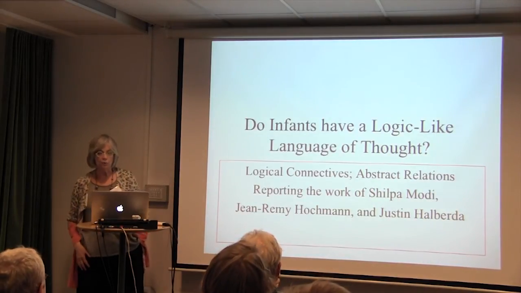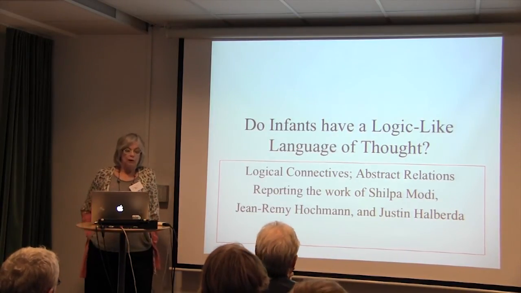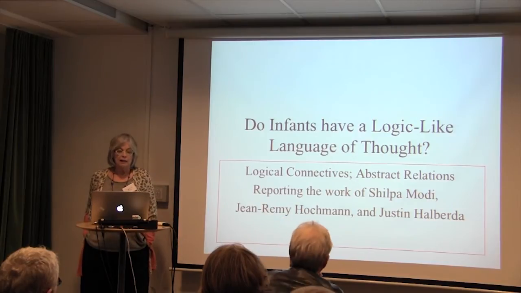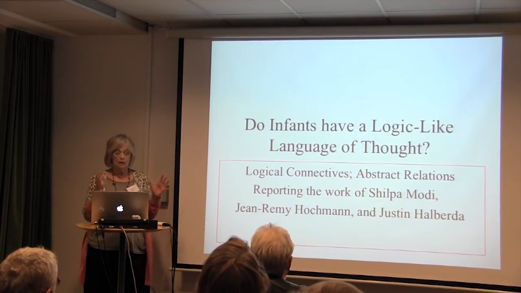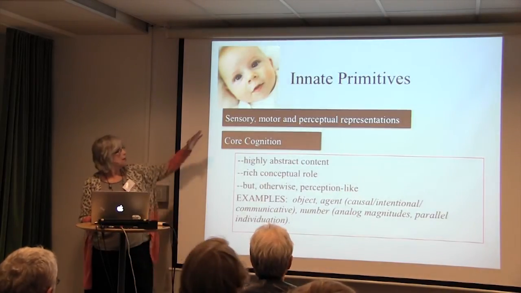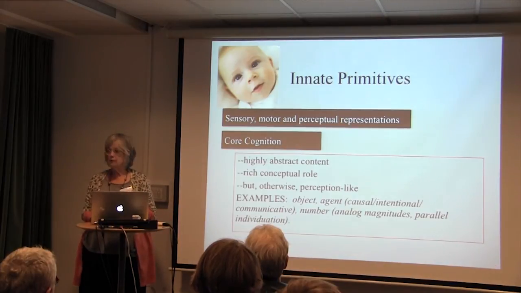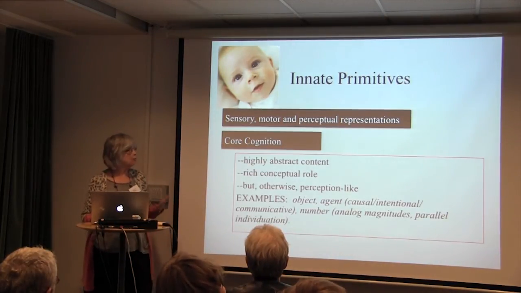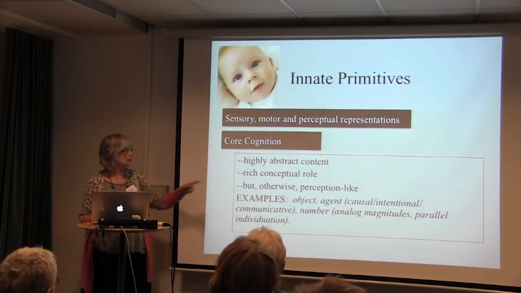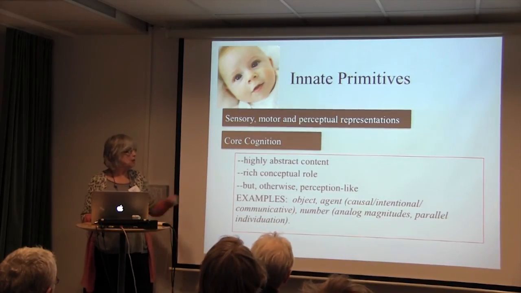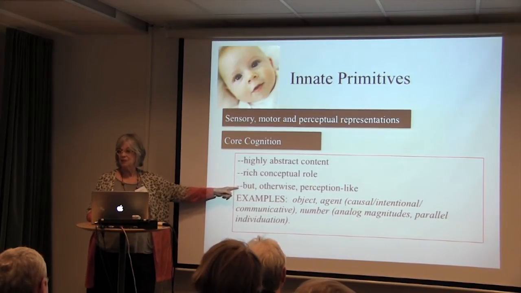Okay, I want to end with 20 minutes on the question of whether infants have a logic-like language of thought, right? So the innate primitives include sensory, motor, and perceptual representations. They include these systems of core cognition, which have highly abstract content, rich conceptual role, but otherwise might be perception-like, right? This is the question.